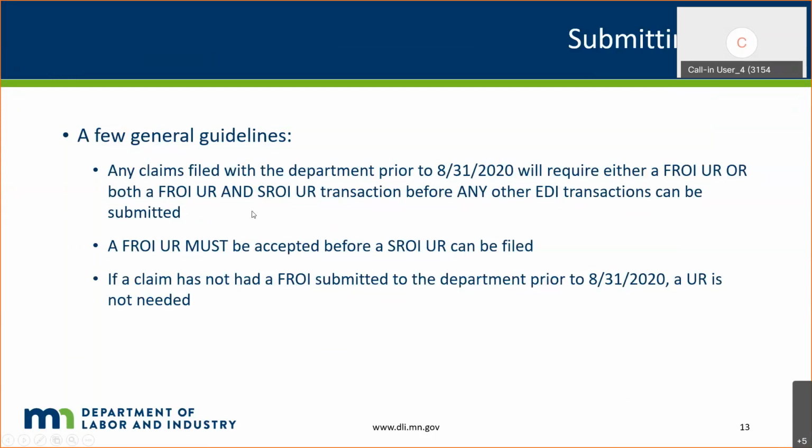Any claims filed with the department prior to 8/31/2020 will require either a FROI UR or both a FROI and SROI UR before any other EDI transactions can be submitted. A FROI UR has to be accepted before the SROI UR can be submitted. If a claim has not had a FROI submitted to the department prior to 8/31/2020, a UR is not needed.